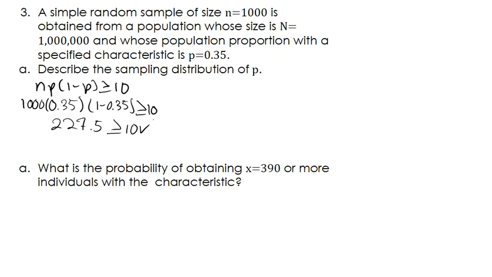Another thing we're going to do to check is to see if the sample size is less than 5% of the population size. So we do that with this formula. n is less than 0.05 times N, which is the population size. So let's plug in our numbers.